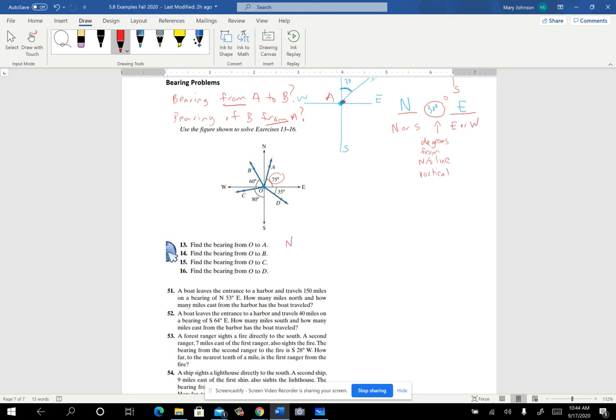I can see they would have to go north. Then what I need is the angle from the vertical, but what they gave me was the 75. Do you see how this right here would have to be 90 minus 75, or 15 degrees? So I would go north, then I would veer 15 degrees east. So north 15 degrees east would be that one.